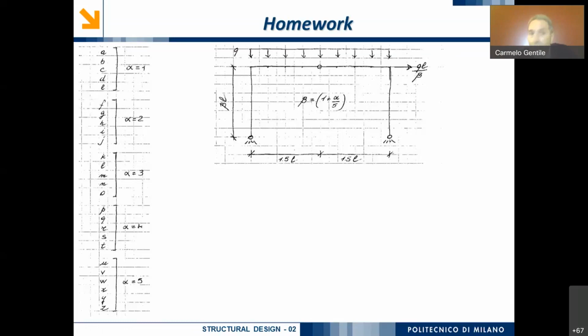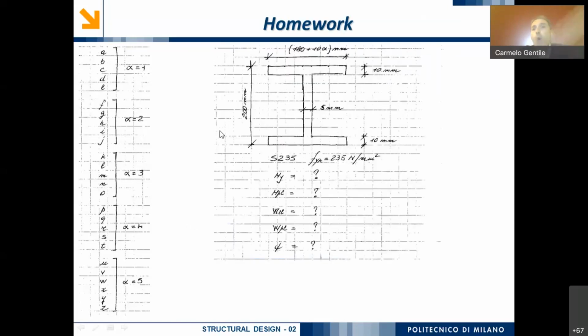So if the first name is Angelo, for example, or Anna for a lady, alpha is equal to 1, and then beta will be equal to 1.2, and so the height will be 1.2L, and the value of this load is QL over 1.2. So there are different exercises for different names.